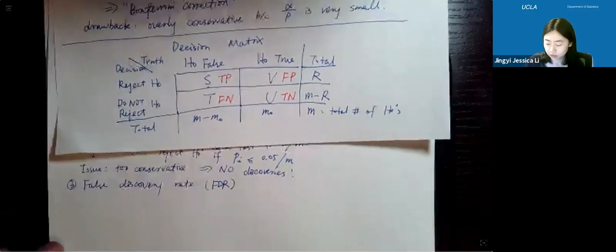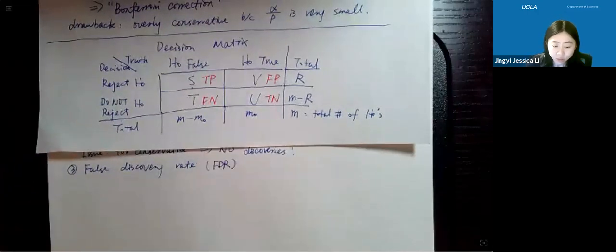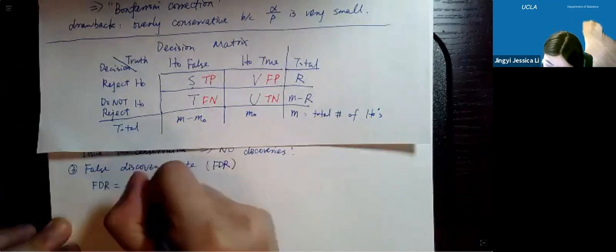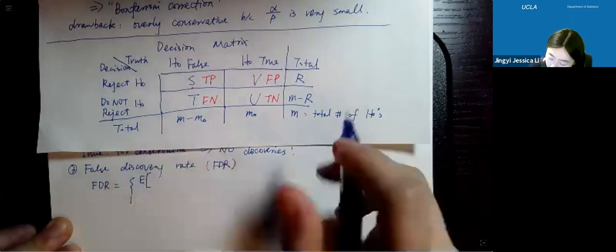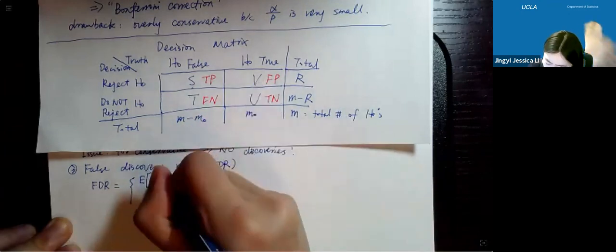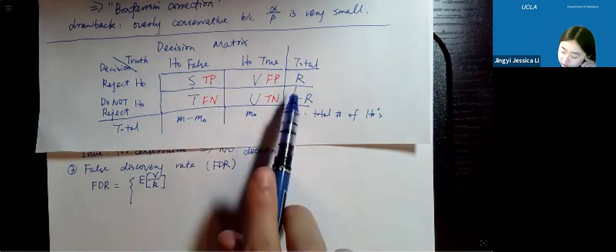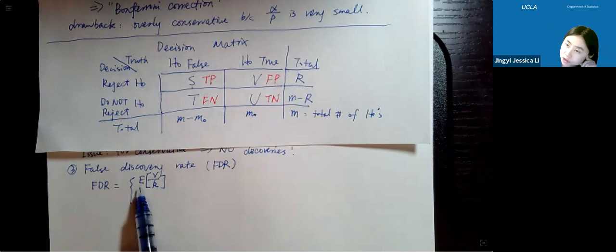Okay, so what do we do here? Using the notations, we can define the false discovery rate, FDR, as follows. It is defined as the expectation of V over R. In other words, among the rejections, the proportion of false rejections, and we take expectation.